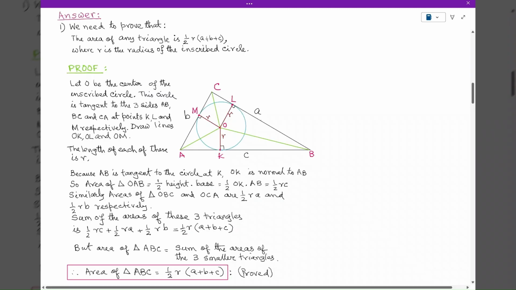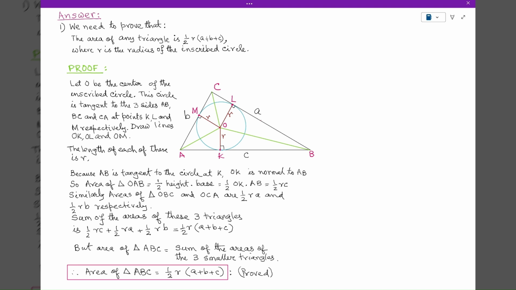We need to prove that the area of any triangle is half r multiplied by (a plus b plus c), where r is the radius of the inscribed circle and a, b, c are the three sides of the triangle. Now look at the diagram. Let O be the center of the inscribed circle.